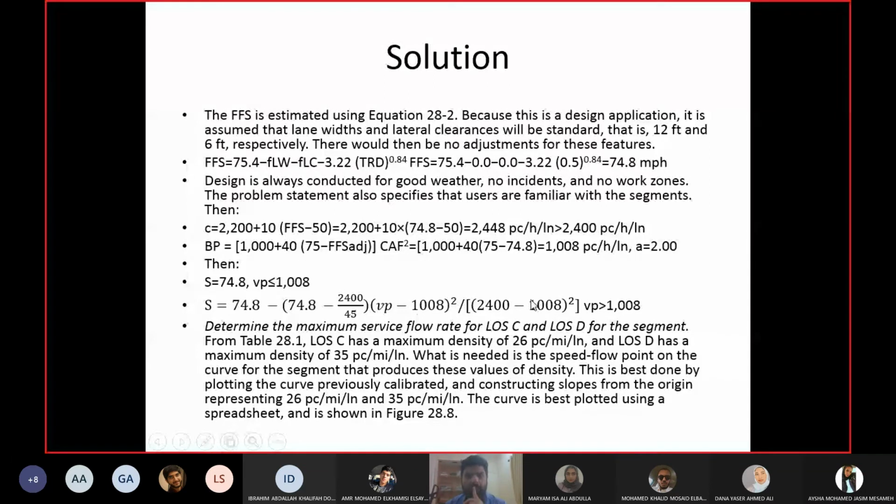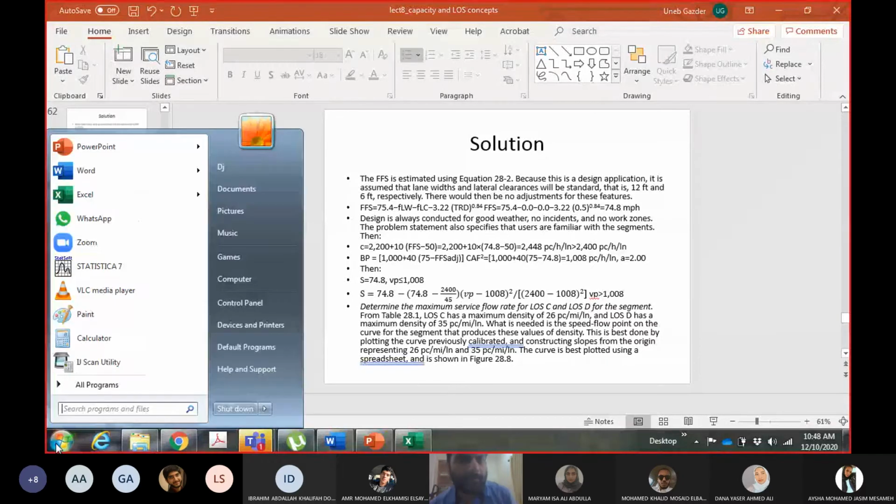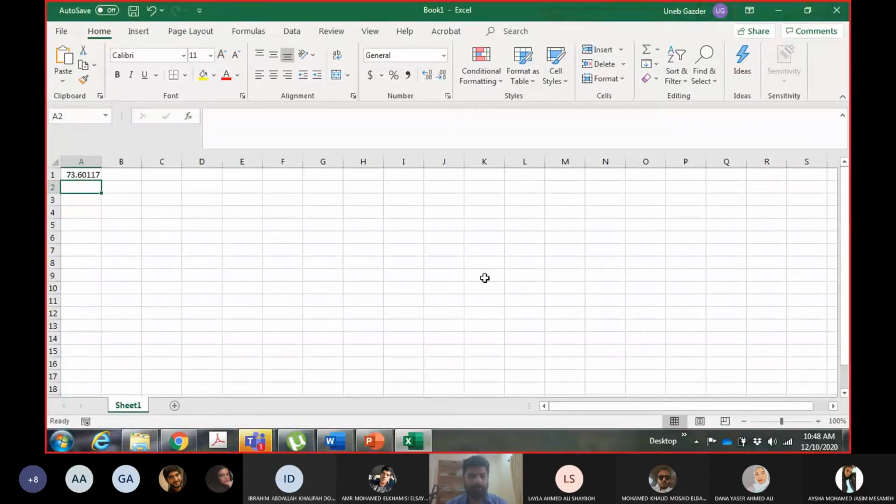So you will plot a graph. Let me show you the graph. How do you plot the graph? Here I will have flow and here I will have speed. Now flow from 0 to 1056 according to our values. The speed will remain 73.6.